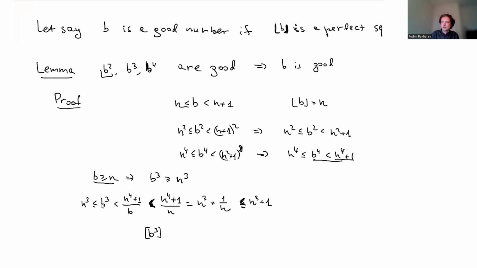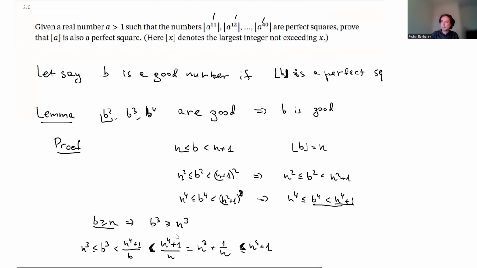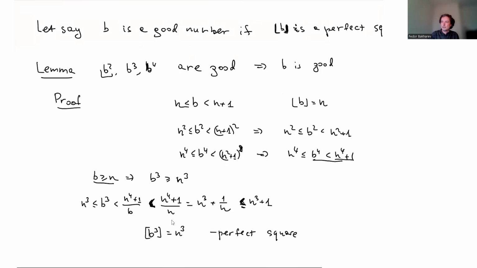And thus we have that the integer part of b cube is n cube, and this is a perfect square. So we now know that n cube is a perfect square, then it means that n itself is a perfect square.